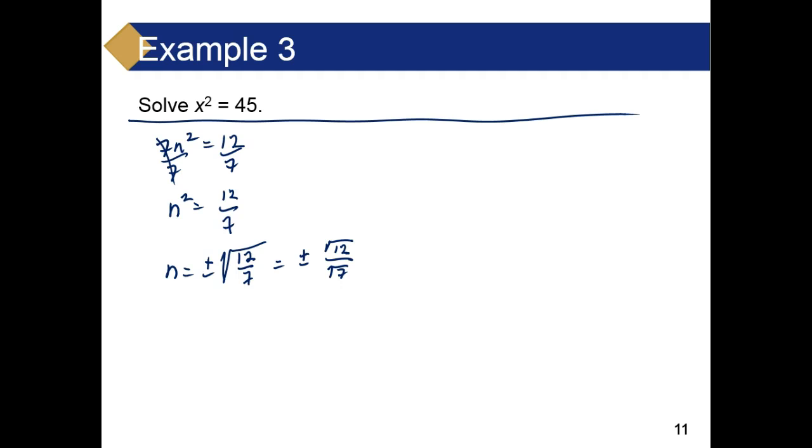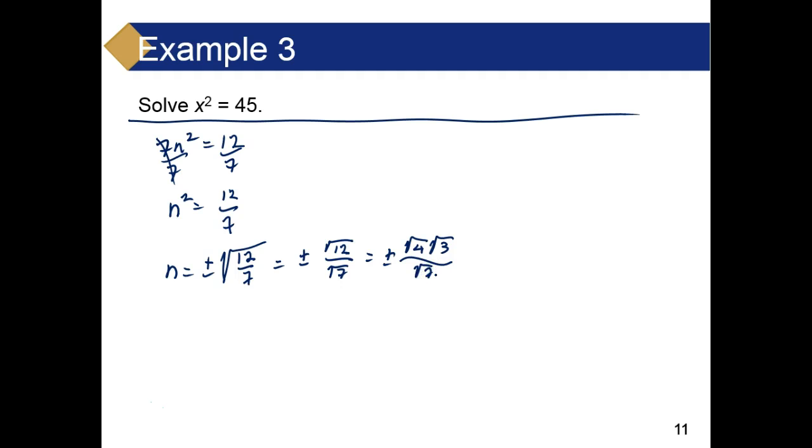Which one? 4. Okay. So we'll break that into plus or minus the square root of 4 times the square root of 3. Now, there's no perfect squares hiding in 7 at all. However, I'll go and write it down. The square root of 7.